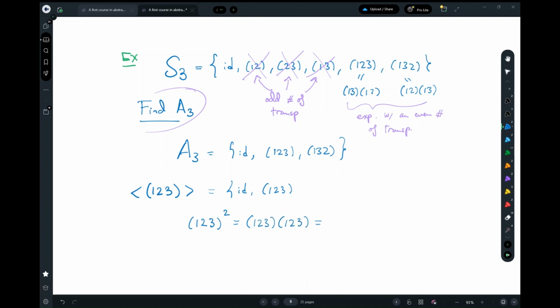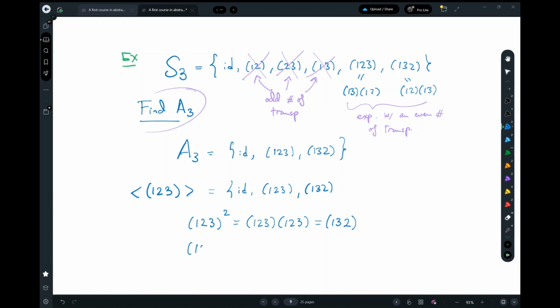What's (1 2 3)(1 2 3)? 1 goes to 2 and 2 goes to 3, so 1 goes to 3. 3 goes to 1 and 1 goes to 2, so 3 goes to 2, and 2 goes to 3 and 3 goes to 1, so it closes the cycle, is (1 3 2). So (1 3 2) is also in the subgroup generated by (1 2 3).